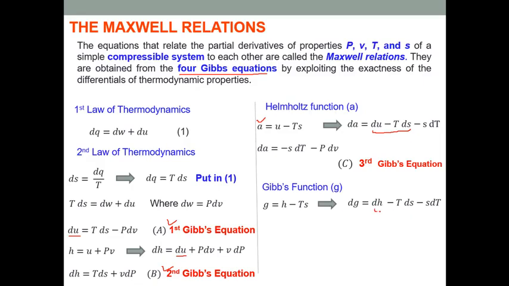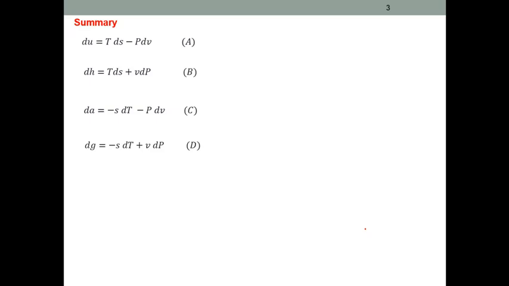Putting in the value of dH and simplifying, we'll get a new equation, called the fourth Gibbs equation. So we have four Gibbs equations: first, second, third, and fourth. We can utilize these four Gibbs equations that we derived.